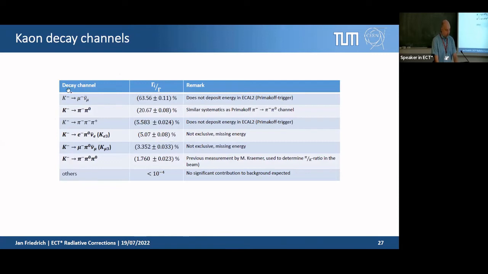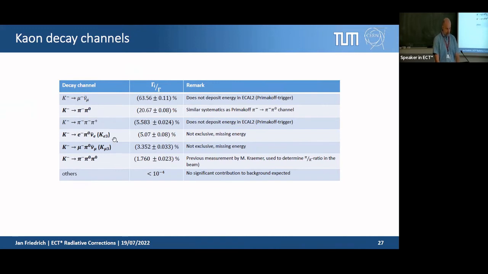And from all kaon decays, we have 4, which we are sensitive to. This is due to the trigger of the events. We trigger for significant signals in the electromagnetic calorimeter, where we have a pi0 at least, or a photon. And so we are not sensitive to the pure leptonic decay into muon and neutrino, and also not to the fully charged 3-pion channel.